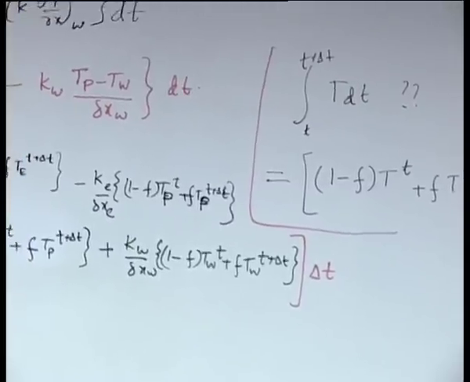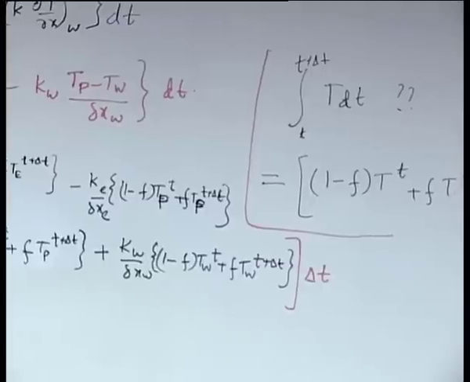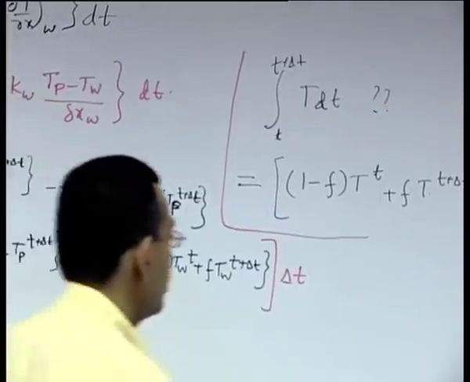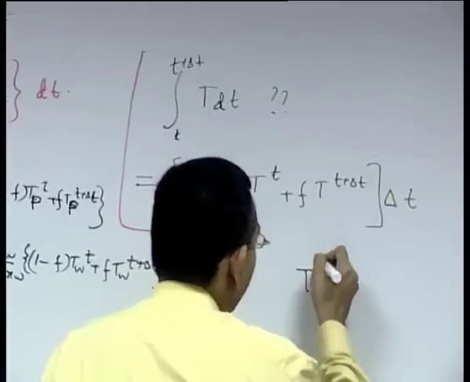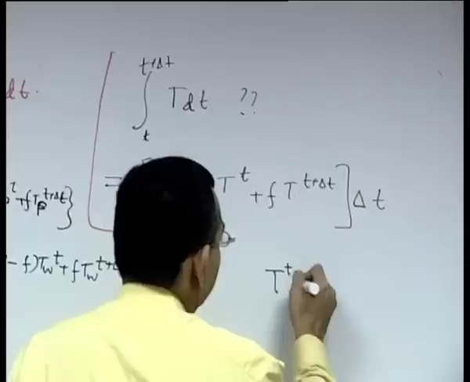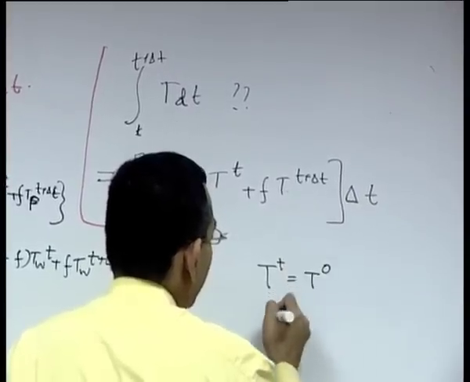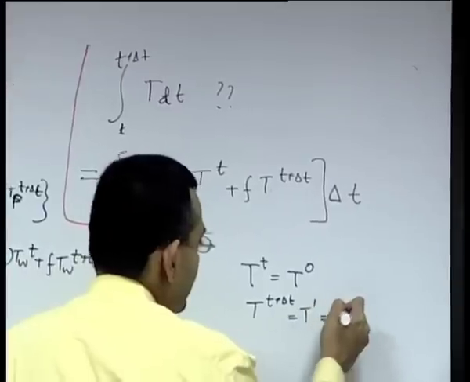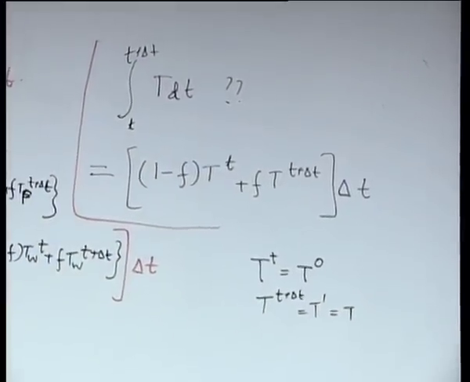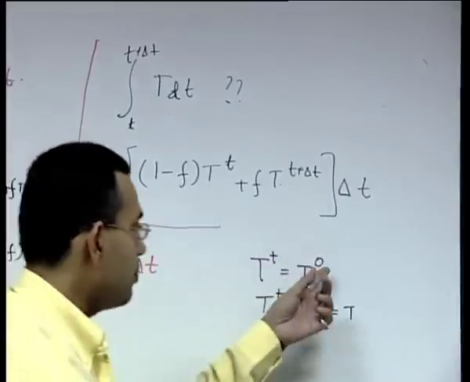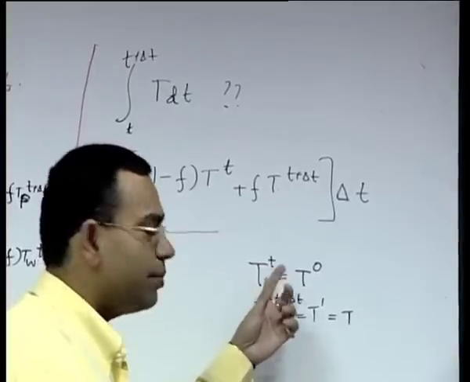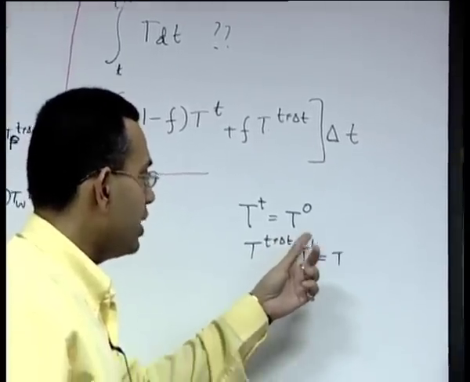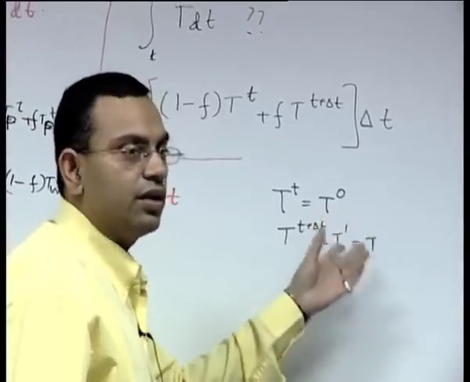Now you have term 1 equal to term 2, and for notational convenience we write T at time t as T0 and T at time t plus delta t as T1, which we call as just T. So it is a notation: 0 superscript for the time at the beginning of the time step, 1 superscript for the time at the end of the time step, and we usually drop the superscript 1 for writing convenience.